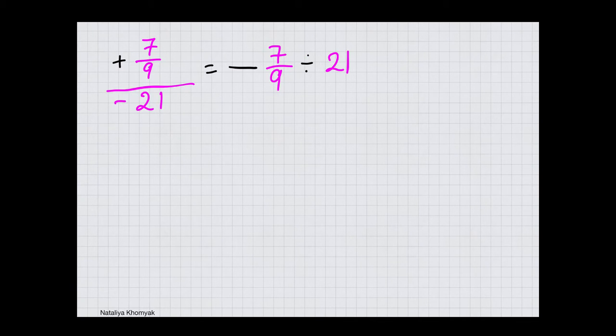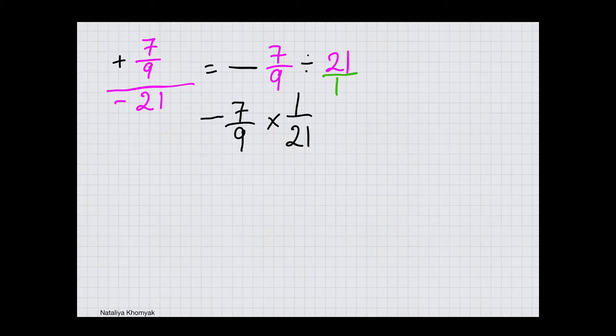Now, a whole number can always be divided by 1 without changing its value. And now it's a fraction divided by a fraction. So we get negative 7 out of 9. Division we change into multiplication. And we flip the second fraction, 1 out of 21.